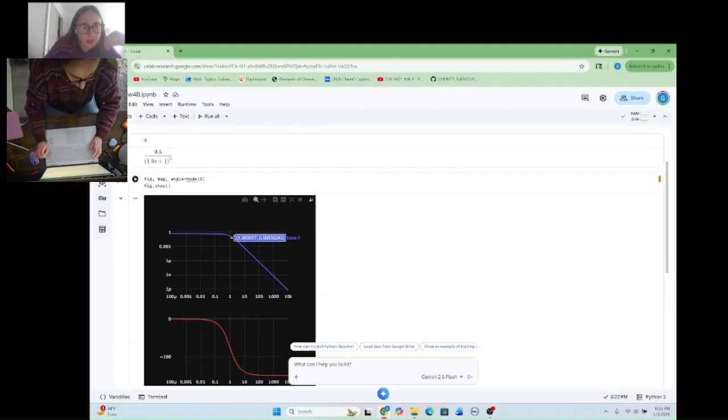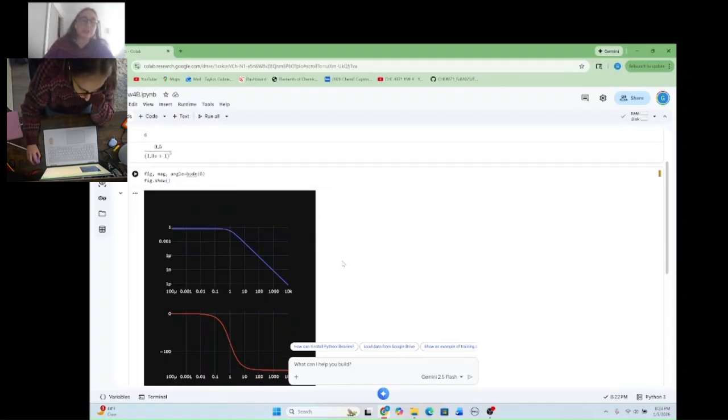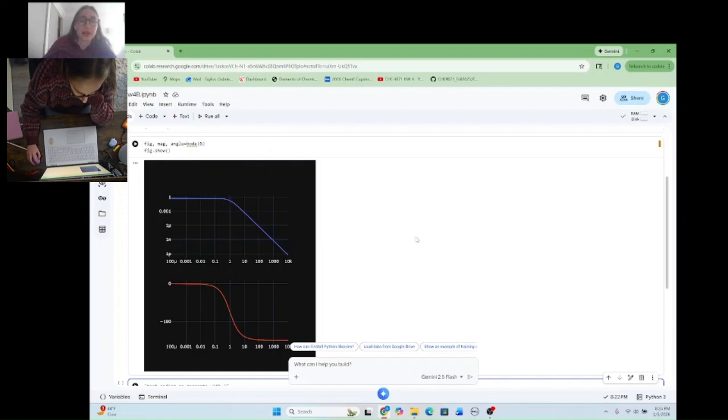So if we go up here and look for 1.8, it is 0.554. The blue here is going to be our amplitude ratio.